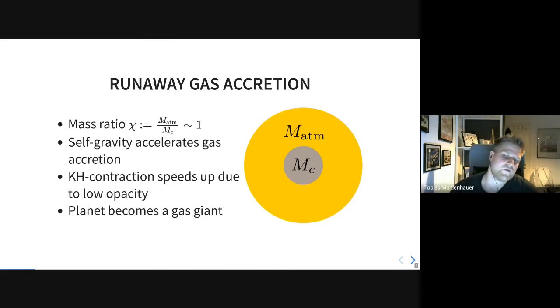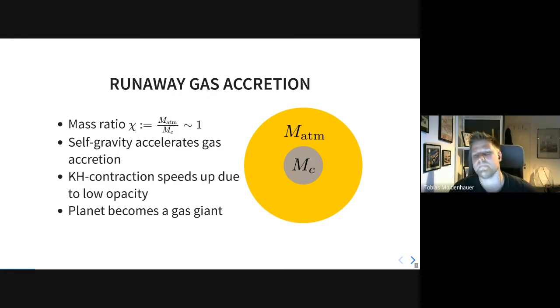If this atmosphere becomes comparable in mass to the core mass, then self-gravity becomes important and accelerates this gas accretion. Of course, that's a gradual process, but for self-gravity to become important and accelerate this accretion process, the atmospheric mass needs to be comparable to the core mass.